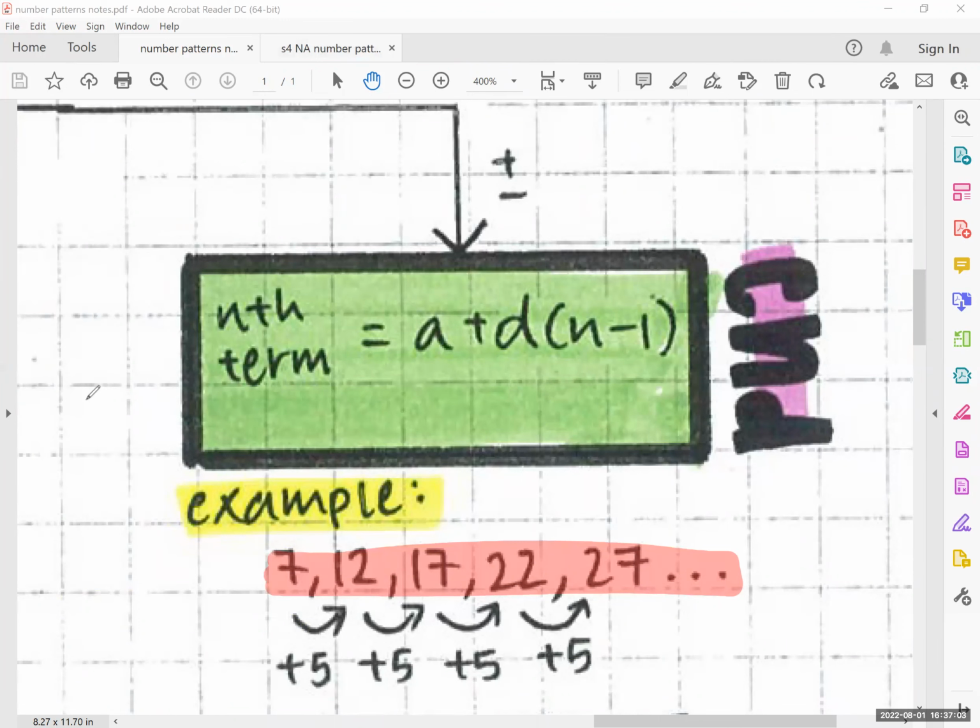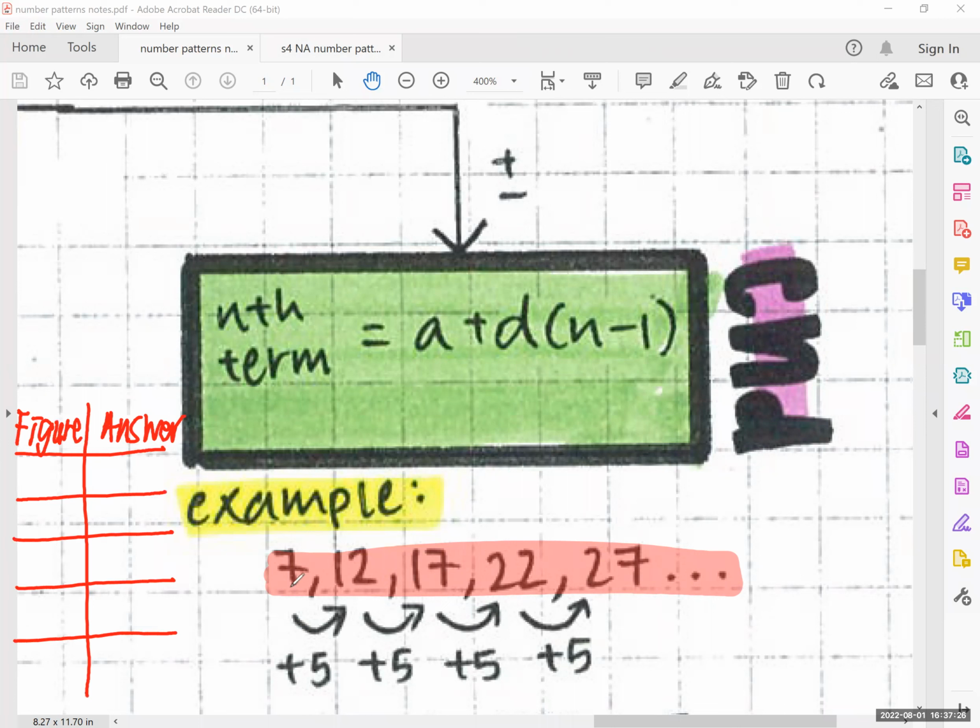Usually the very first step is, remember I told you to draw the skeleton. I always like to write either the figure and then the answer. This is the first term: I put 1 and the answer is 7.